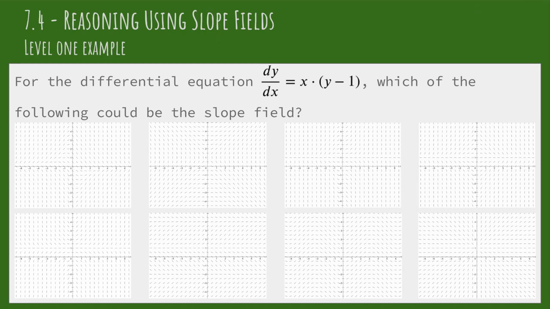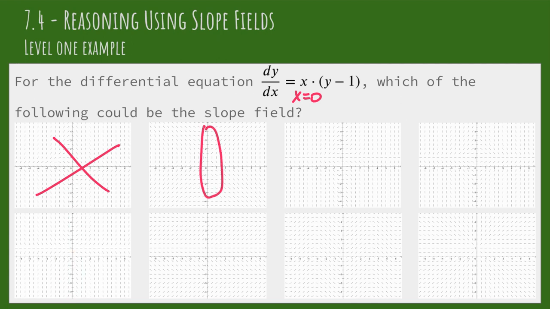So what I'm going to do here is start with where the slopes should be 0 and see if we're getting that for these. So we should get 0 slopes where x equals 0. All right, so if we look at where x equals 0, that's going to be along the y-axis. We don't have 0 slopes here. So that one's gone. We do have zero slopes here, so we can't eliminate that.